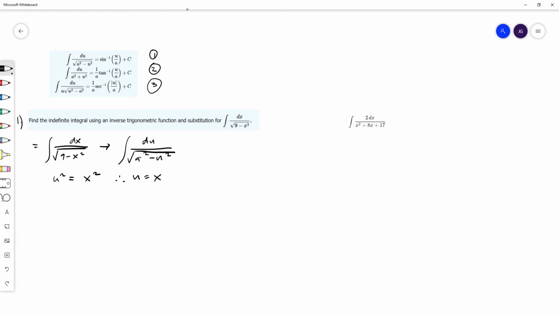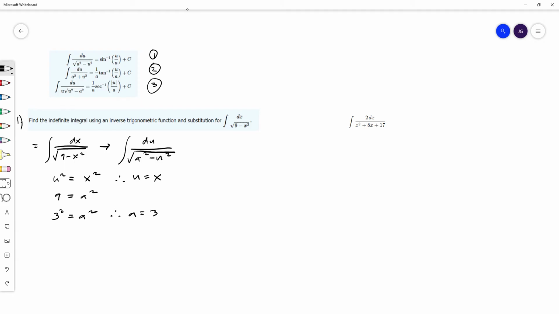And also for 9, we need to equate this one into a squared. So to get the square root of 9, we have 3 raised to 2, that is equivalent to 9. Then we have a squared. So therefore, our a is equal to 3.